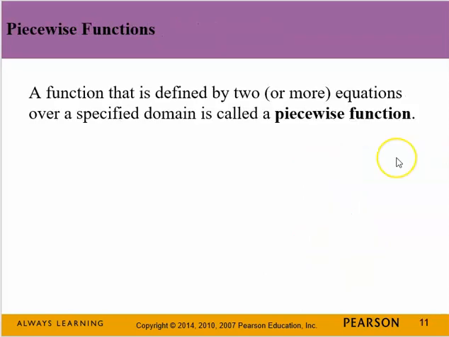All right. Going on, now we're going to take a look at what are called piecewise functions. Now, piecewise functions is when we graph something, and I'll just give you an idea what we're talking about.